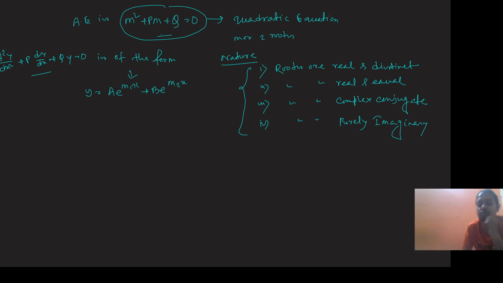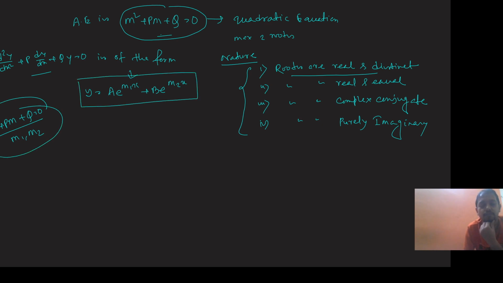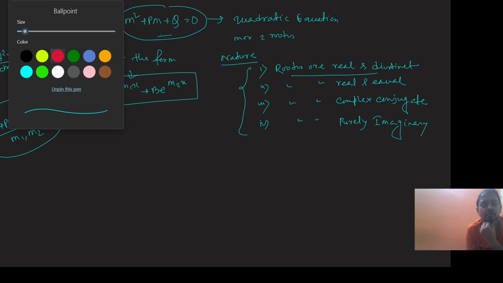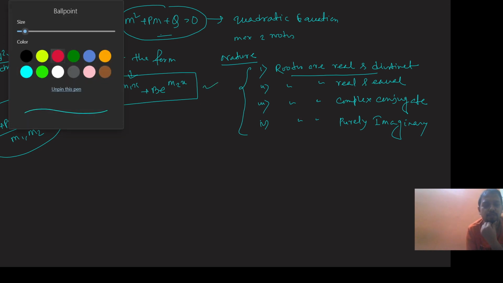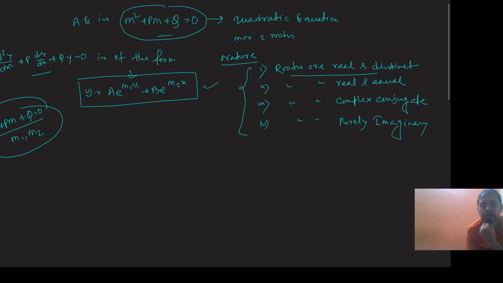That means if we solve the equation m square plus pm plus q, we get two roots, namely m1 and m2, and the solution is of the form y is equal to a e to the power m1x plus b e to the power m2x.